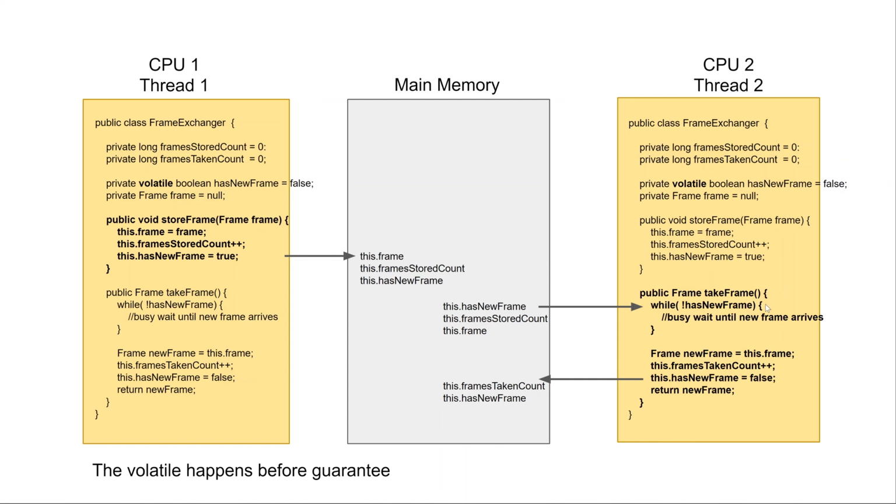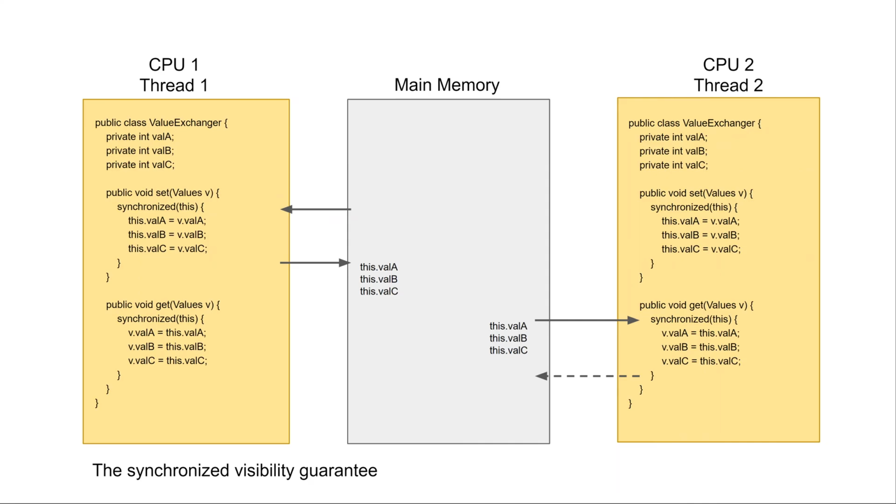But in case this had just been a normal read of has new frame here and not inside the condition of a while loop, then even then reordering the instructions so that the read of this dot frame would happen before the read of has new frame would not be allowed. And that is the Java volatile happens before guarantee that puts that restriction on instruction reordering for volatile variables.